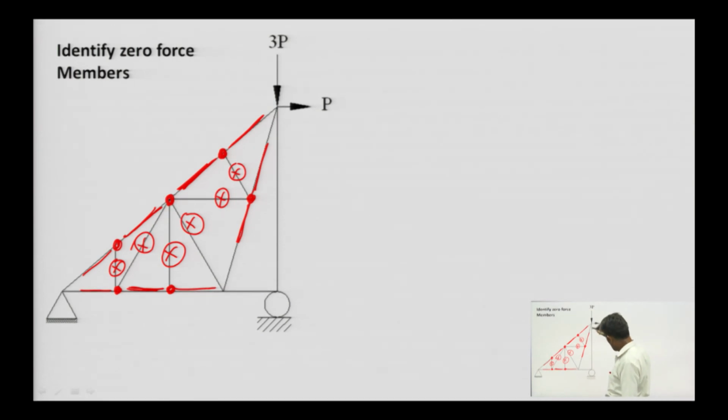Look in this diagram, for this member. This is the vertical component, no problem, and here, since this is vertical, at this joint, let us make the FBD for this joint. This is a roller support.